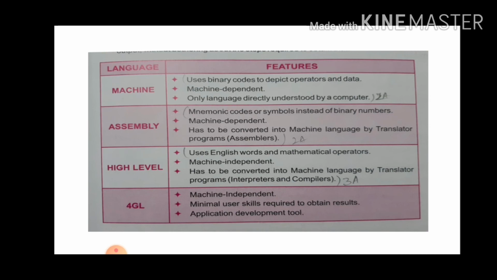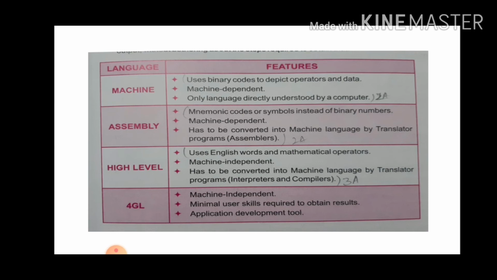Yes, we'll see the overall glance at a time. These are the languages and features that we have covered in this session. Machine language uses binary codes and is machine dependent. Independent means we are not relying on anyone for anything, but dependent means we are depending on someone to do something.